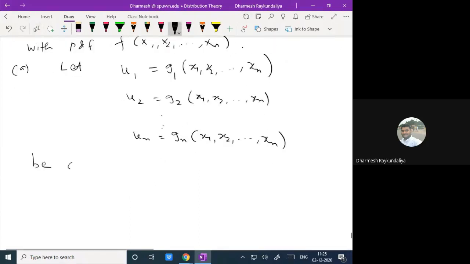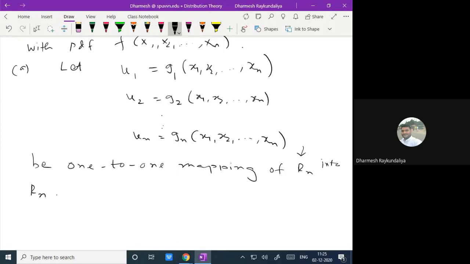Be a one-to-one mapping of Rn into Rn. Why Rn? Because real line to real line. So x1, x2, xn are on Rn. x1 is from the real line, x2 is on the real line, because it is a vector, so it is Rn.